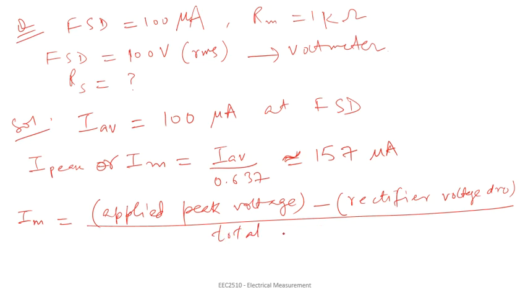So total circuit resistance. Okay, so let's see. The rectifier voltage drop will be because of the two diodes which are there in the path. So in positive as well as in negative half cycle, two diodes will always be present in the path. So that is why the rectifier voltage drop will be 2 multiplied by the voltage drop of one diode. Okay, that is either for D1 and D4 or for D2 and D3.